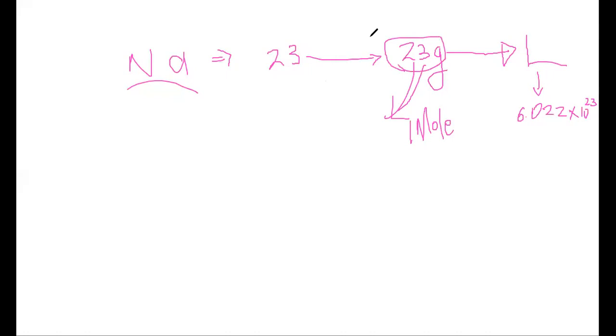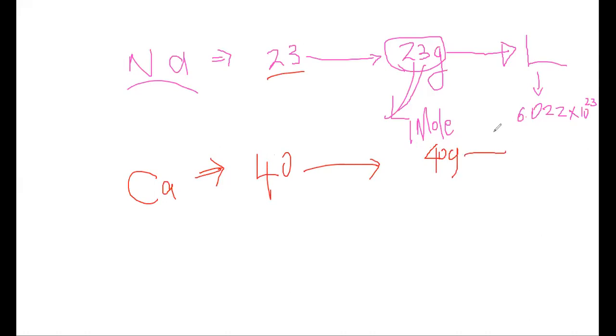Take the idea simply. If I take calcium here, calcium relative atomic mass 40. So if you take 40 gram, it will have the Avogadro number of calcium atoms. So this is equal to how much? 1 mole.